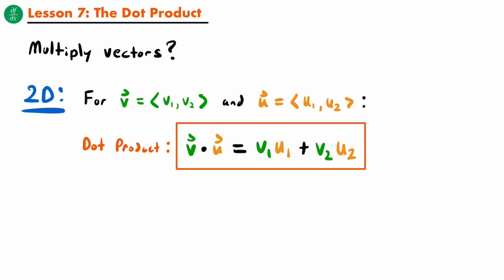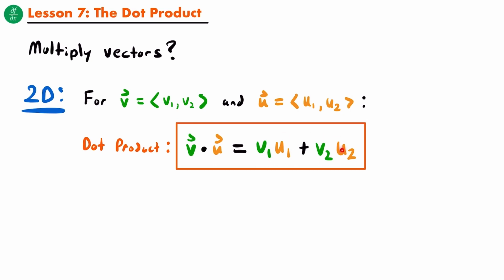But one thing that you want to take note of here is that the result of the dot product, v1 times u1 plus v2 times u2, is going to be a scalar result. This is not going to be a vector. Previously, when we did vector addition or vector subtraction, or even scalar multiplication, our result was always another vector. But in this case, when we multiply two vectors together via the dot product, we're going to end up with a scalar value.